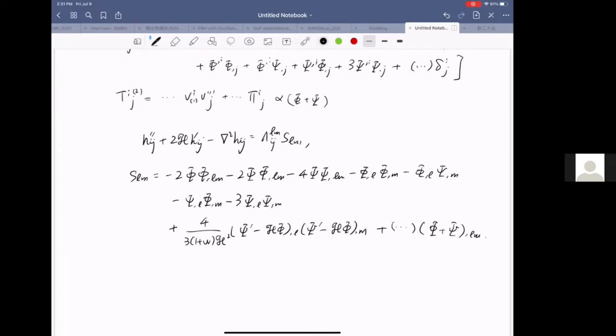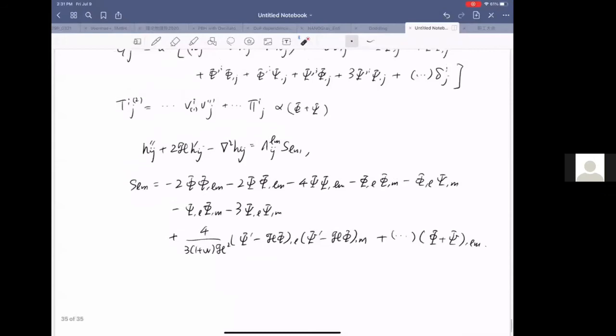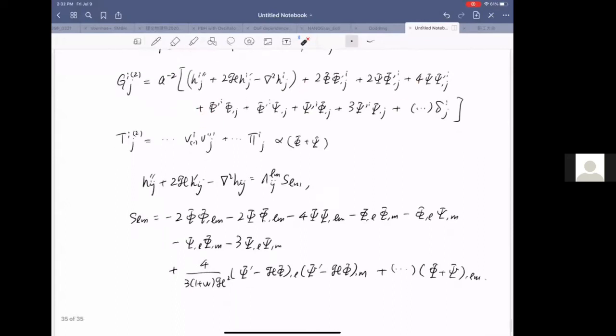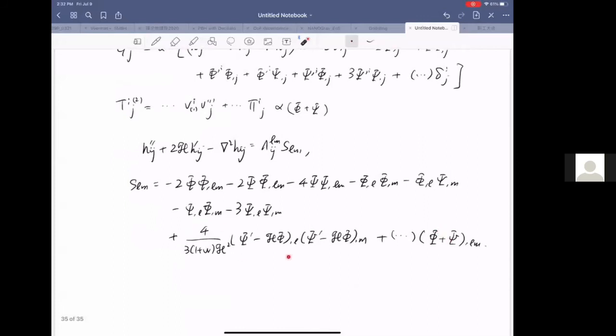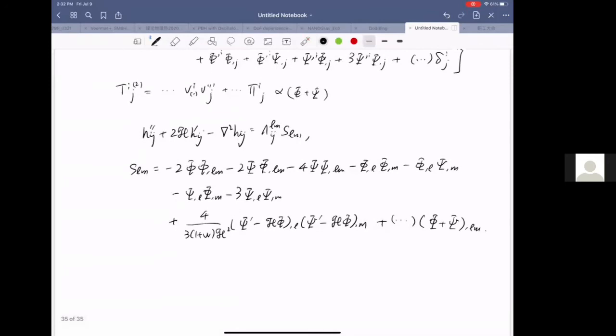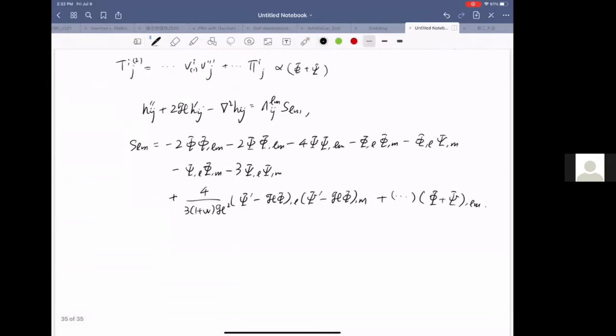so the first two lines of this equation come from the left-hand side of the Einstein equation. It comes from the second order of the scalar perturbation. And the other parts come from the right-hand side. It's the second order of the energy momentum tensor. So it is very convenient because we know that this is 0, so we can always set psi as minus phi, right? And then we substitute all of this into here.